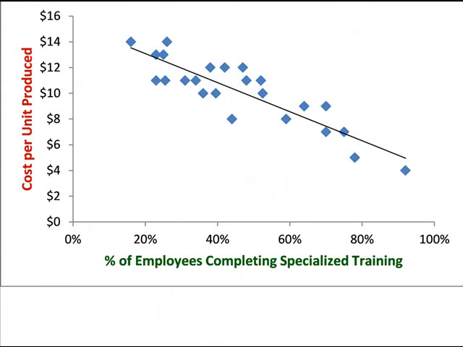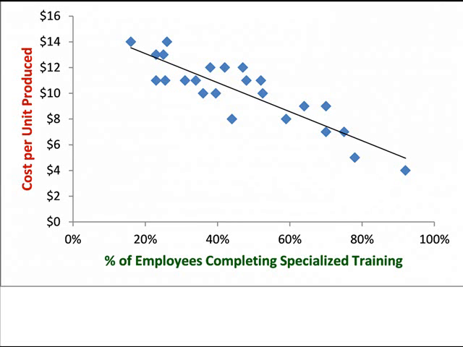Now, here's another statement. Correlation statement would be, if the percentage of employees that complete specialized training increases, then the cost per unit produced goes down. So there you have a correlation statement, if-then.